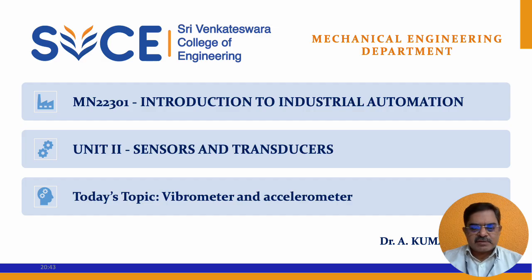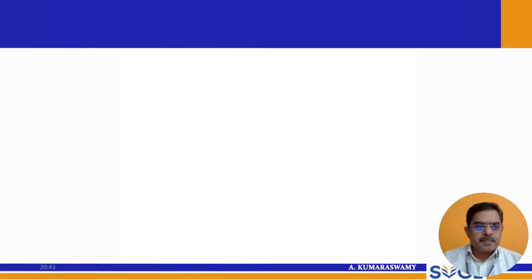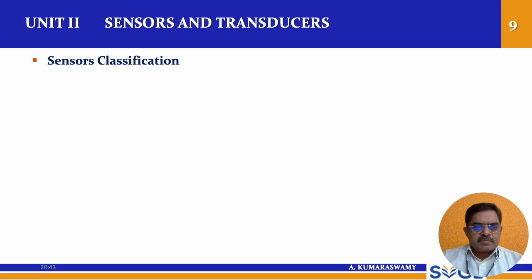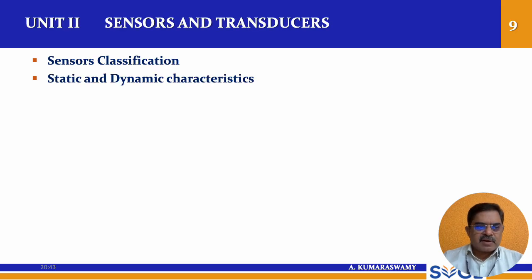In our regular classes we have completed the different types of sensors, as we will see in the list here. The sensor classification, static and dynamic characteristics, and types we have seen in our regular class.